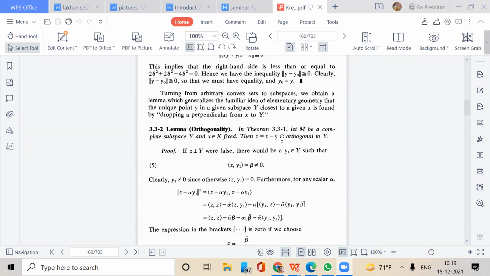Then z is equal to x minus y is orthogonal to Y. Y is a subspace of capital X, and M is a subset, actually a subspace, of Y. M is contained in Y and Y is contained in X. z is equal to x minus y is orthogonal to Y. We have to prove this.